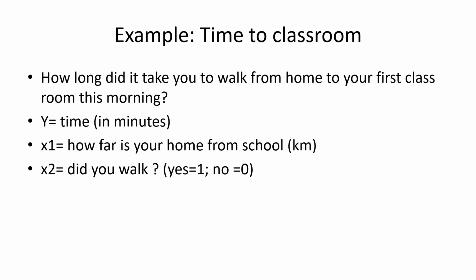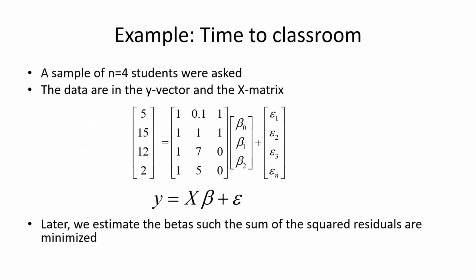One is how far is your home from school measured in kilometers. And second is, did you walk or do something else like biking or driving? So this is obviously a little silly example, but I'm hoping it helps to see what's going on here in multiple linear regression. And because it's a little silly example, I have also a little silly sample with only a sample size of 4.